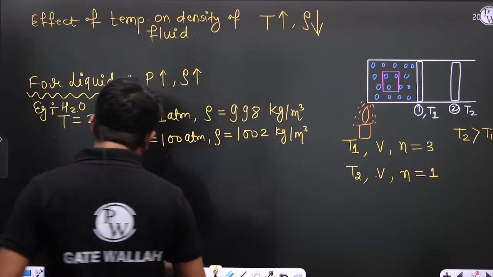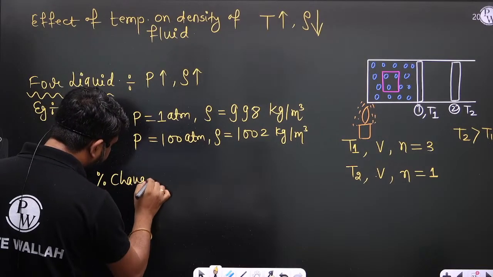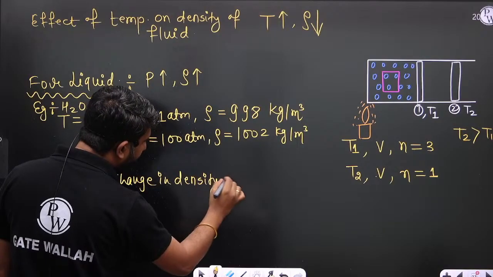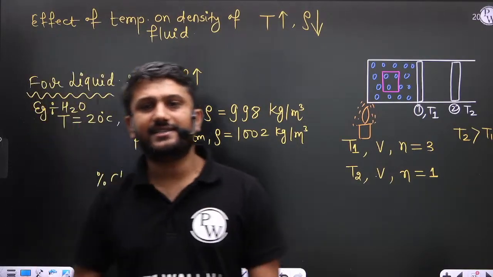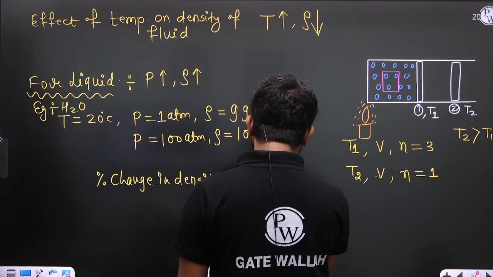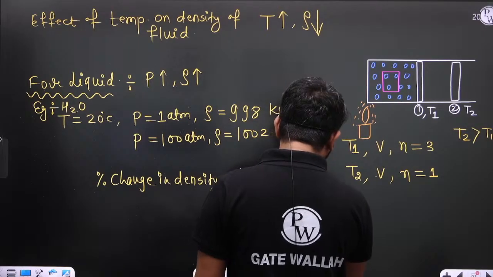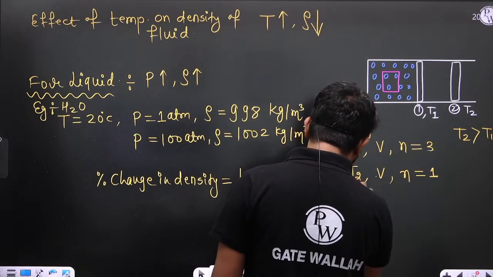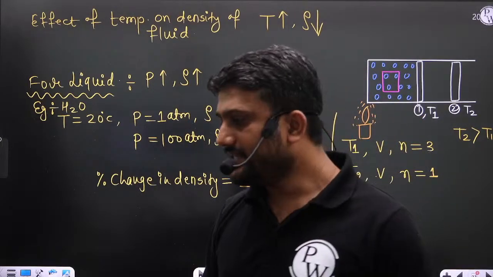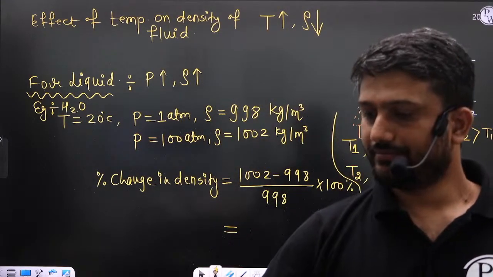So if you find the percentage change in density, that is 1002 minus 998 upon 998 into 100%. Tell me guys, what is the percentage change in density?